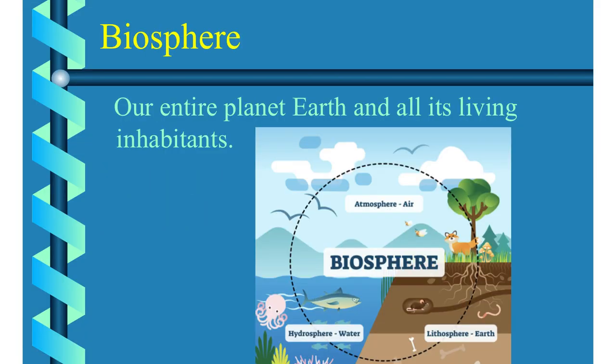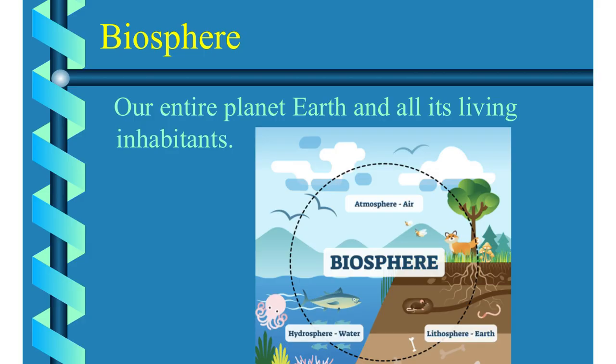The most general level of living things, the highest level, is the biosphere. Okay, so the biosphere is all the physical things and all the living things that live in or around those physical things. So basically, it's the whole planet Earth.